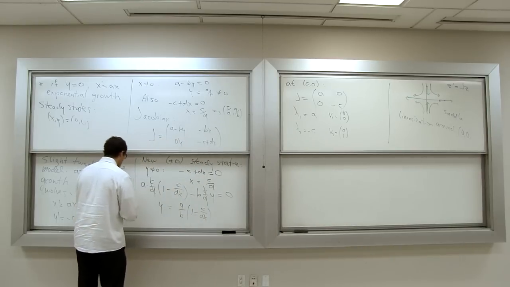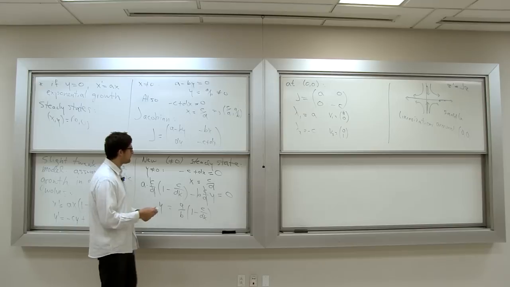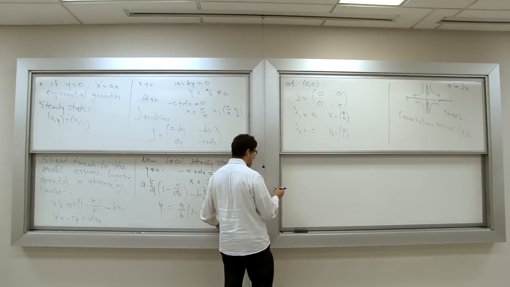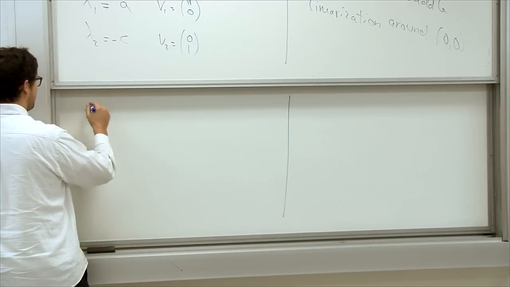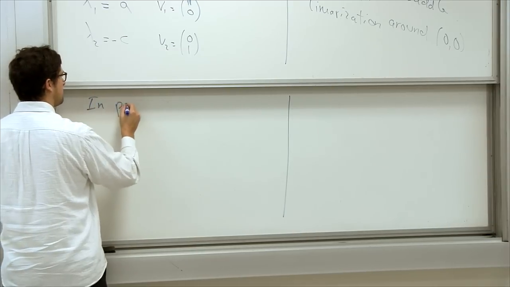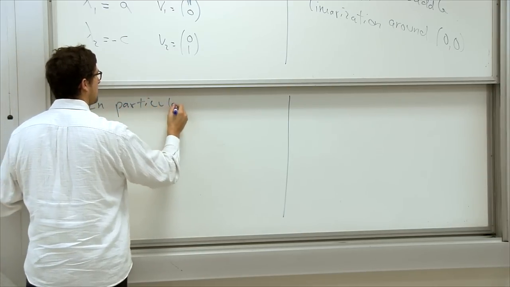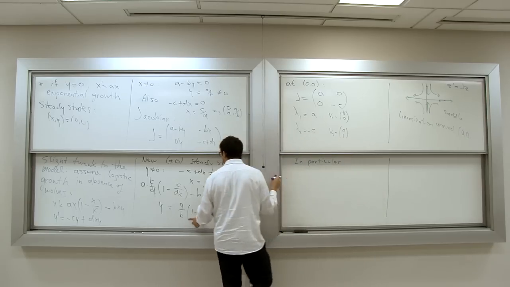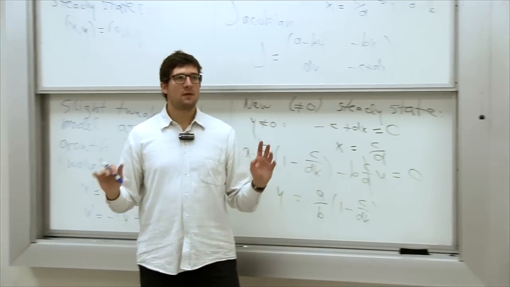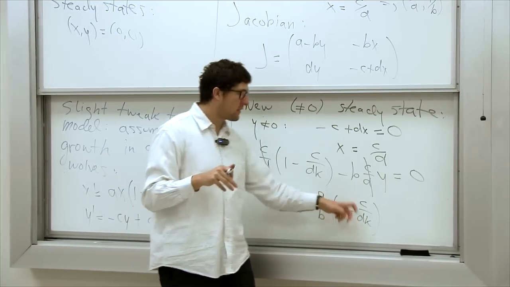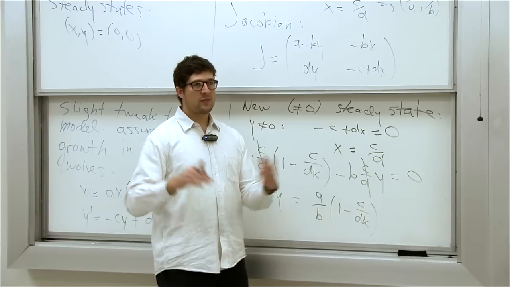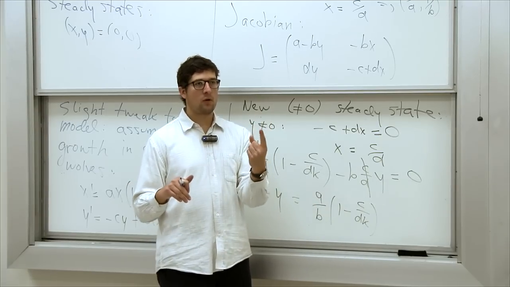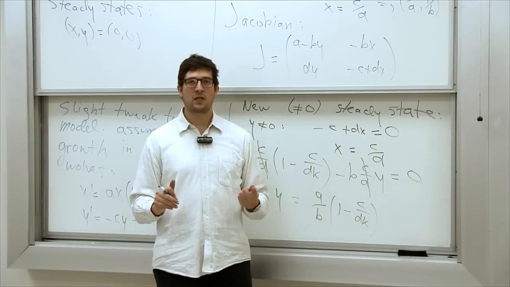In particular, notice that basically we're assuming that the parameters are such that this thing is bigger than 0. If this is not bigger than 0, then we're essentially back to a system that really has only one steady state, which is not biologically realistic.